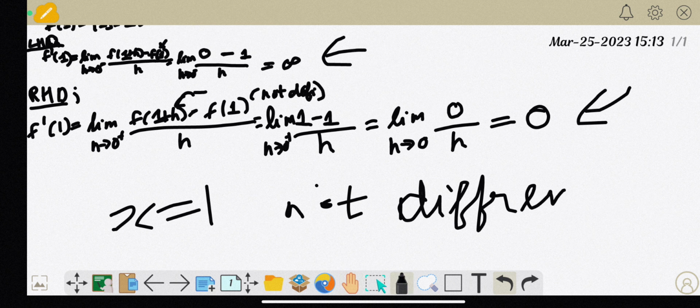Why don't we take h as 0 in the right hand derivative? No, then it becomes not defined, right?